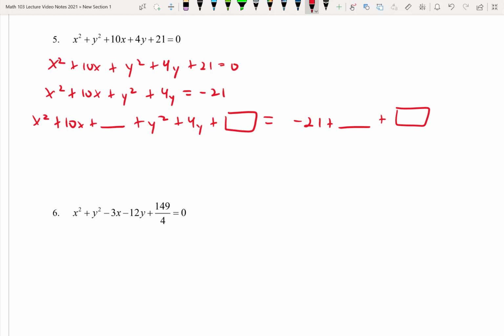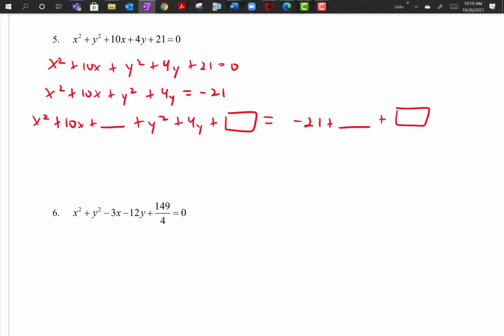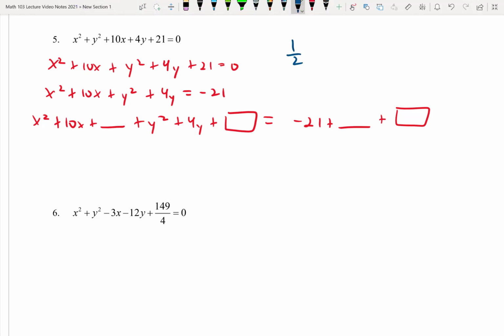I'll show you the completing the square off to the side here. We're going to take half of 10, which is 5, 5 squared is 25. Half of 4 is 2, 2 squared is 4.